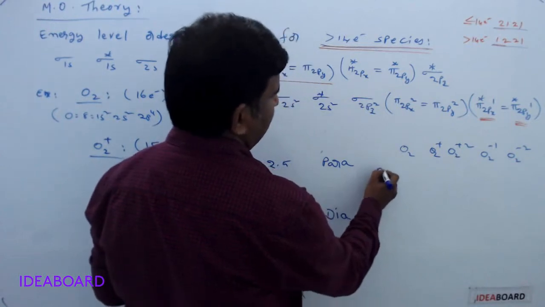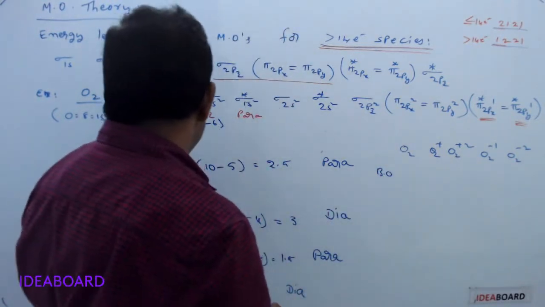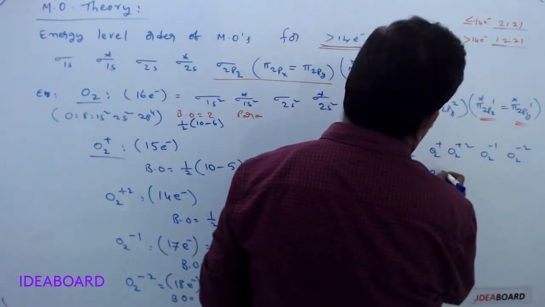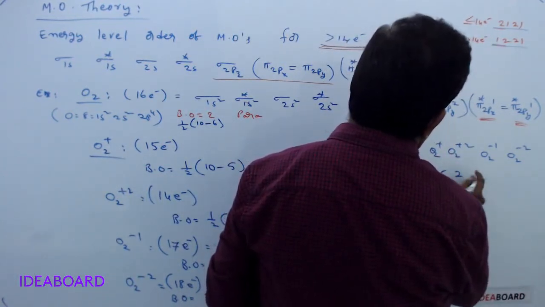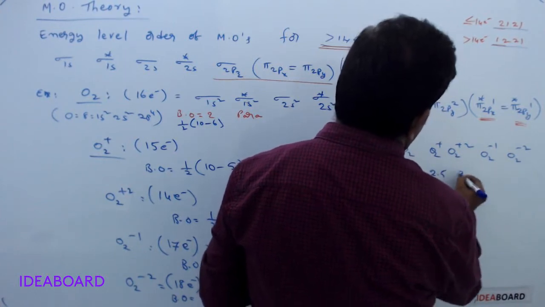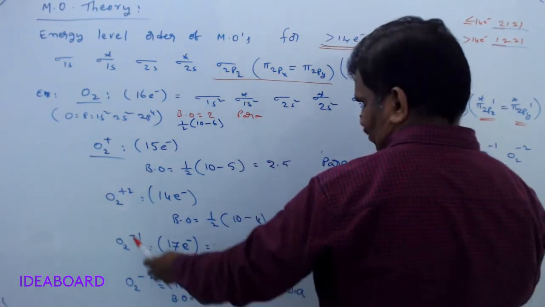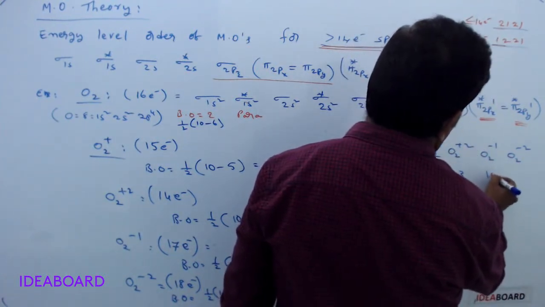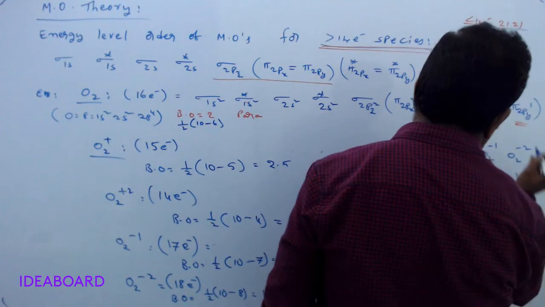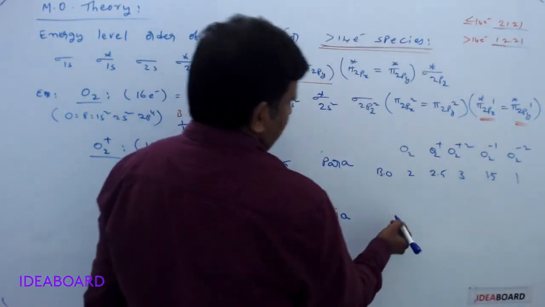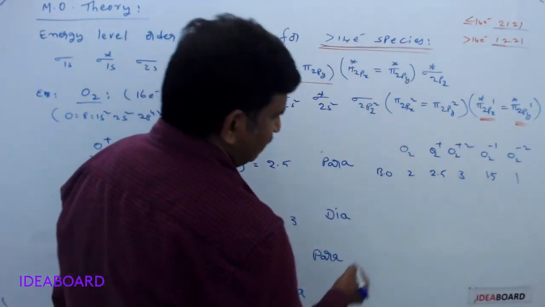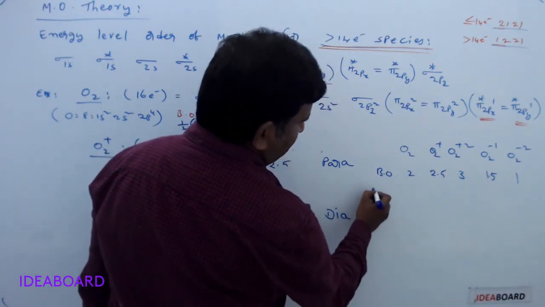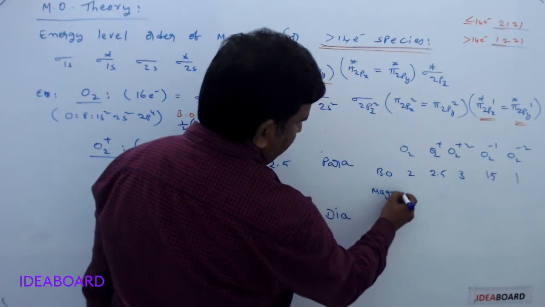Next, first I am writing the bond order. What is the O2 bond order? 2. Here O2 plus 2.5, O2 plus 2 it is 3, O2 minus 1 it is 1.5, and this is 1. That is the bond order value. Finally we will write the magnetic property.